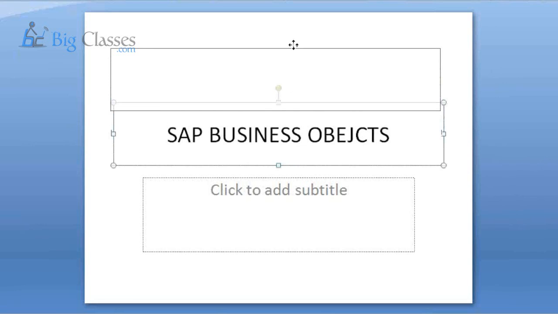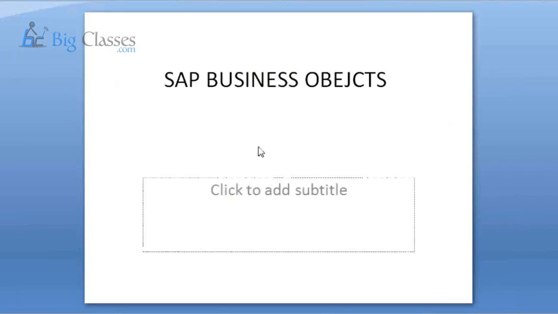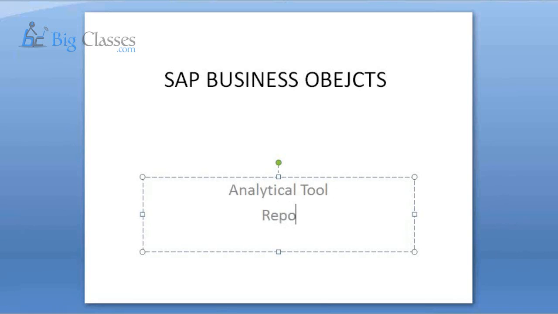Okay, guys, now look at this. Business objects, what is this business objects? It is an analytical tool, or you can also call it a reporting tool. So what is the purpose of this?